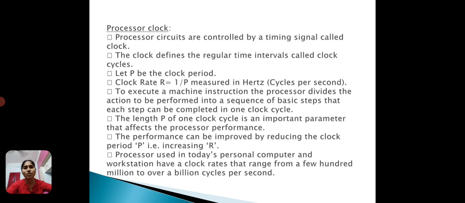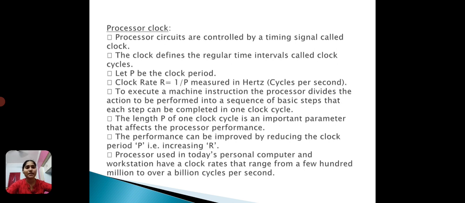If the time period is more, then the efficiency is less. So P, which is the clock period, is an important parameter that affects the processor performance. The processor performance depends on P, the clock period, as I told you.